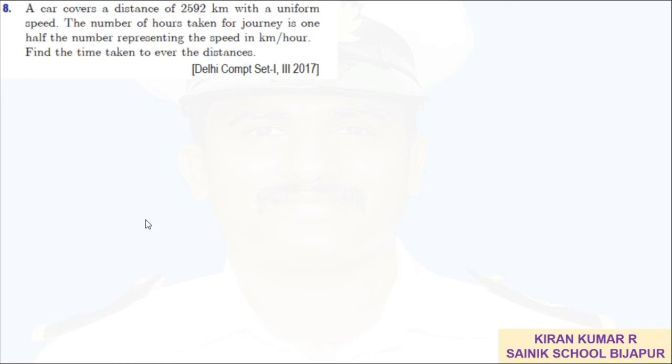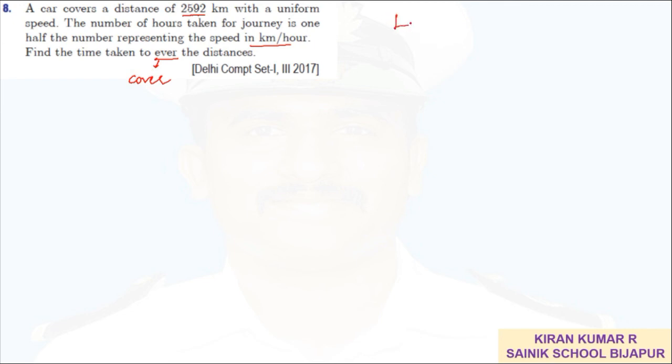Question number 8. A car covers a distance of 2592 km with a uniform speed. The number of hours taken for the journey is one half the number representing the speed in km per hour. Find the time taken to cover the distance.